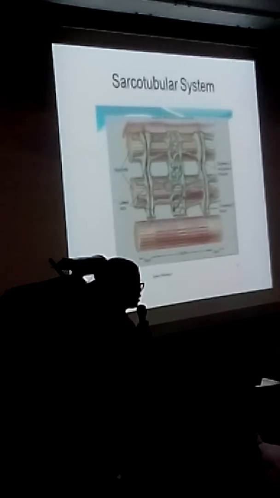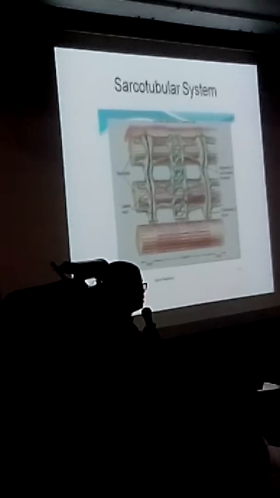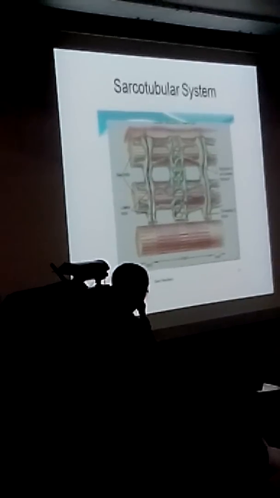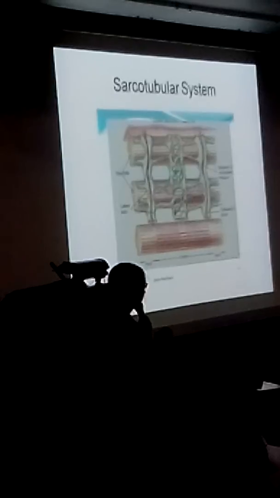Once the dihydropyridine receptor has detected the change in voltage, it will make the ryanodine receptor open, and there is now the release of your calcium ions. With the release of your calcium ions, they will diffuse to your contracting filaments.